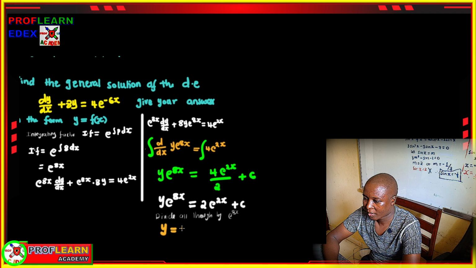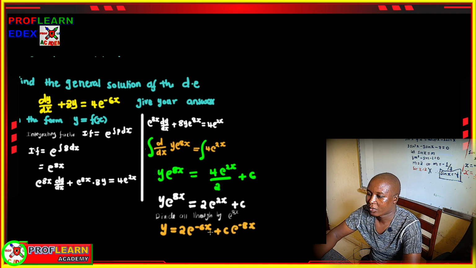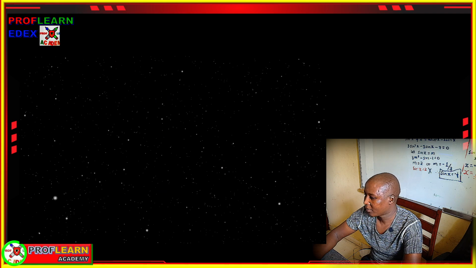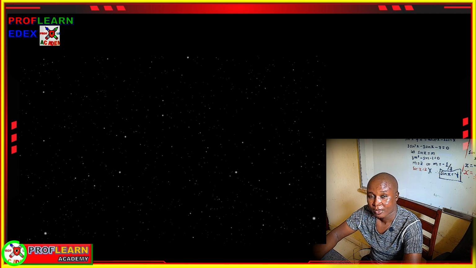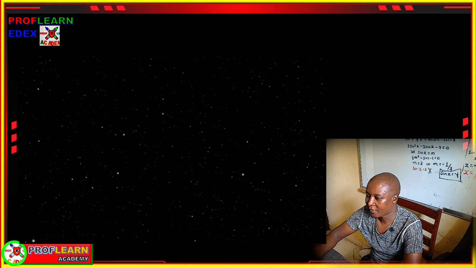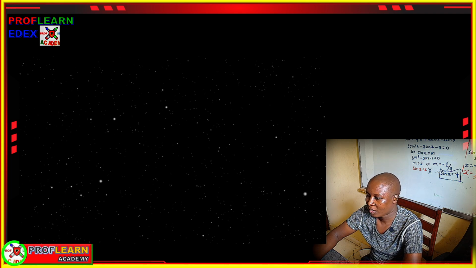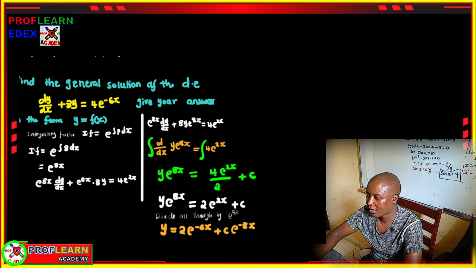We're going to have y is equal to 2e^(-6x) plus c e^(-8x). So that is exactly what we're going to have, and now this becomes the solution of the differential equation that we were having here, which is the first order differential equation.